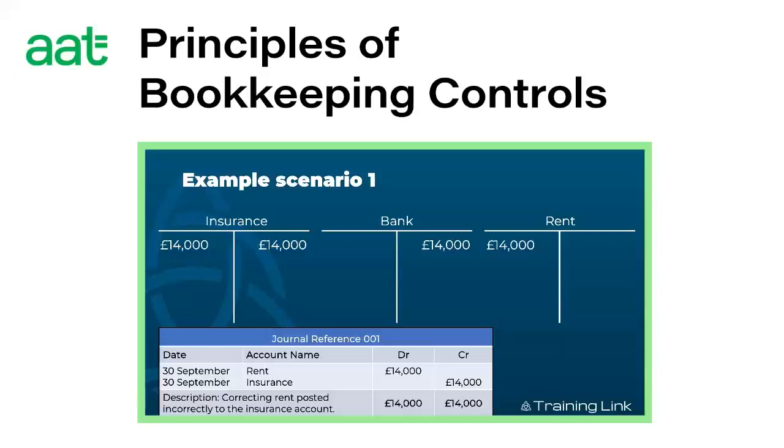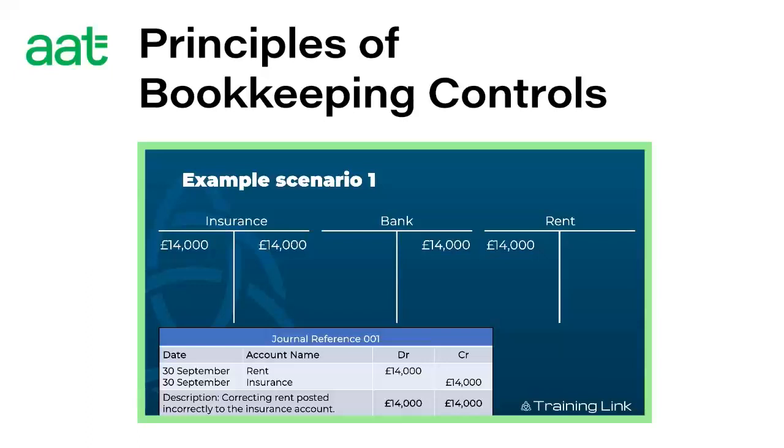Okay. Now, with the journal, you are putting a transaction in like the one shown on screen now. So what I would do is I would write out this journal, and then I would post it, what we call post it, on the system. And by posting it into the system, it would go to our rent account within the ledger, and it would debit it for 14,000.